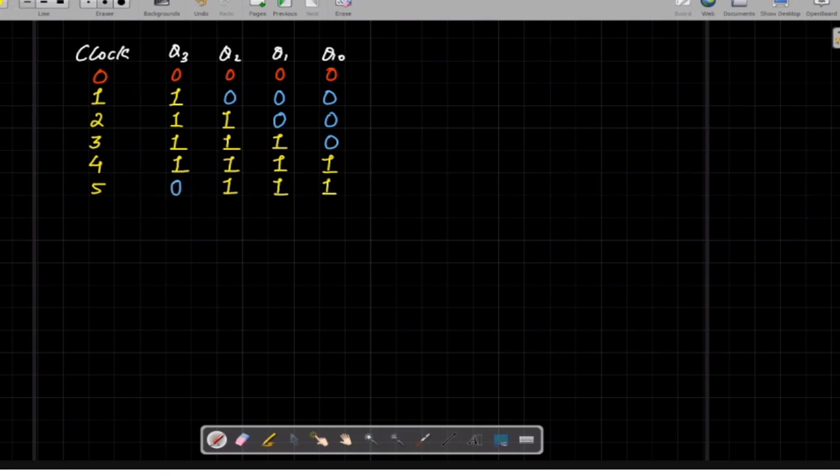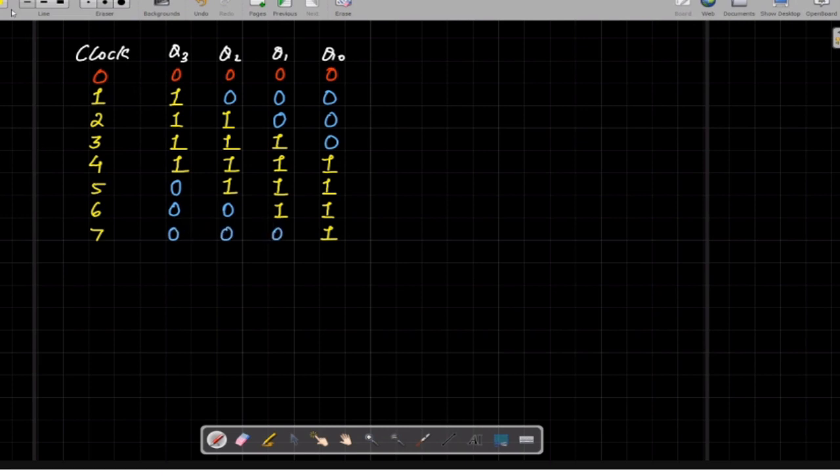Then when the sixth clock comes in, then this is like this, and when the 7th clock comes in, then this is 1 and 0 0 0.